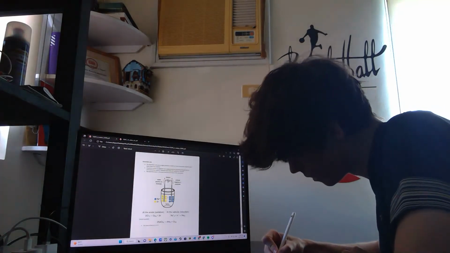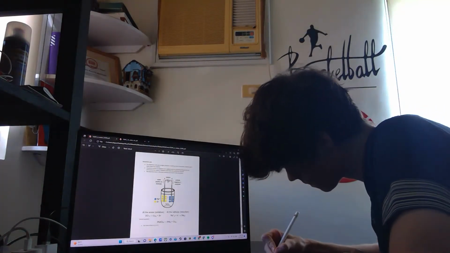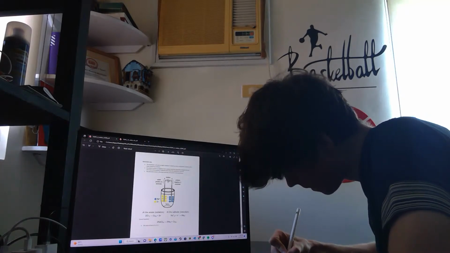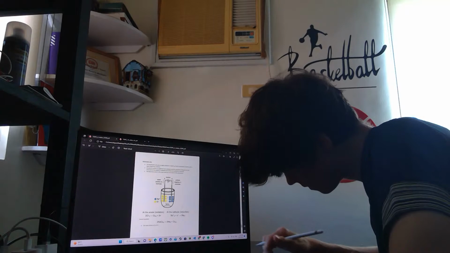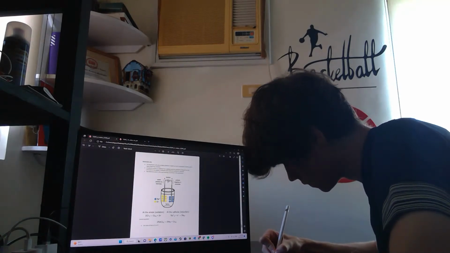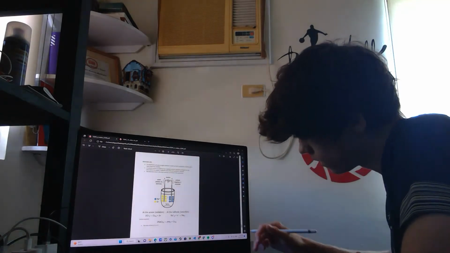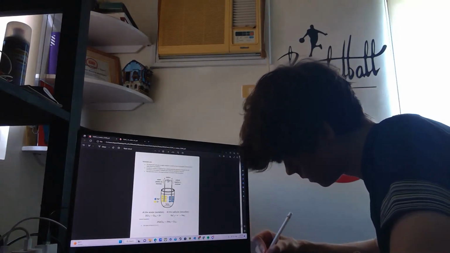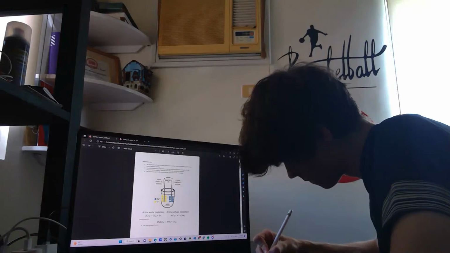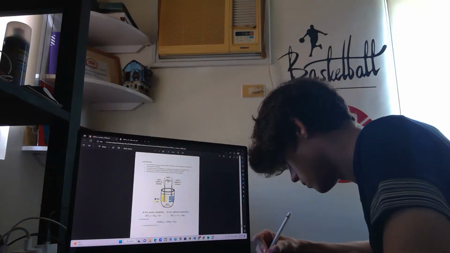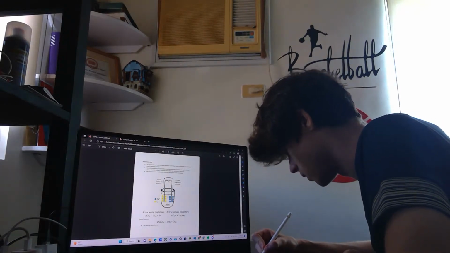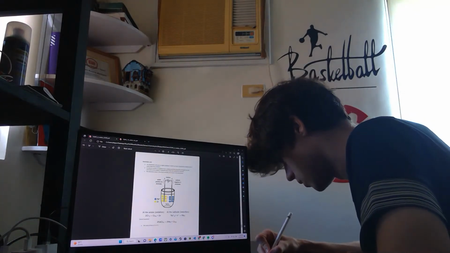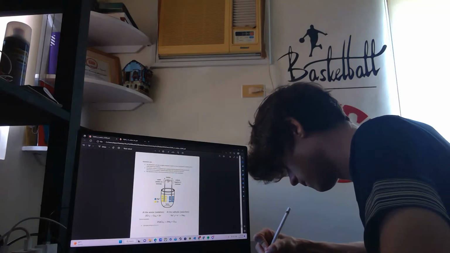So we're going to get chlorine gas and we're going to get zinc. This is going to be our oxidized, this is going to be our reduced. The chlorine anion is going to undergo oxidation. The zinc solid will undergo reduction.